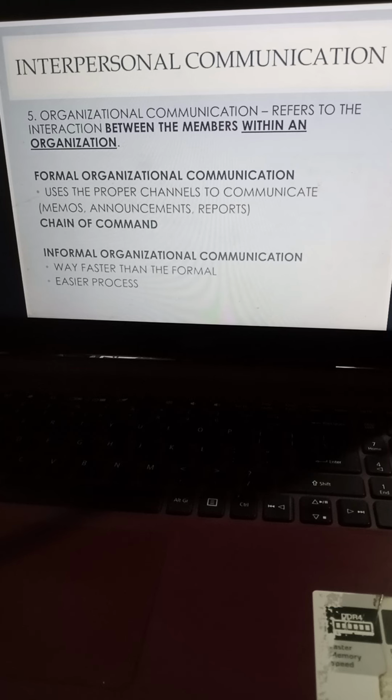An example is a memo on salary increase issued by the company president, sent to the vice president, then passed to the managers and handed to the supervisors before reaching the employees. So that is what we call the chain of command.